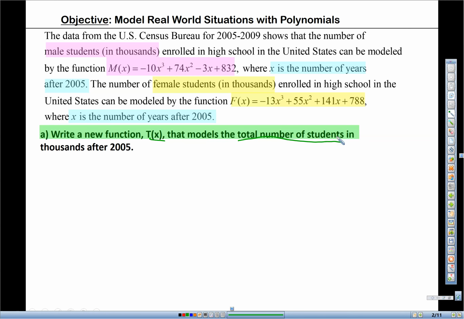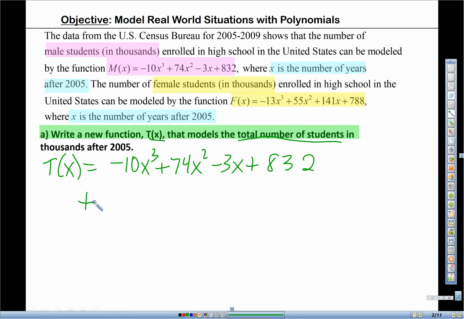So in that context, we should understand the total number of students would be the male students plus the female students. So to create our t of x function, we are going to take our m of x, which is this one right here, and we are going to add to it the f of x like terms.